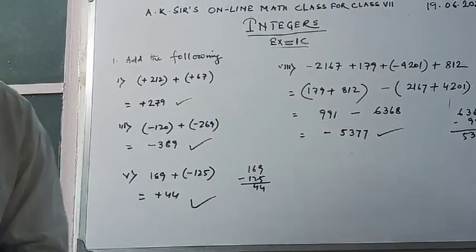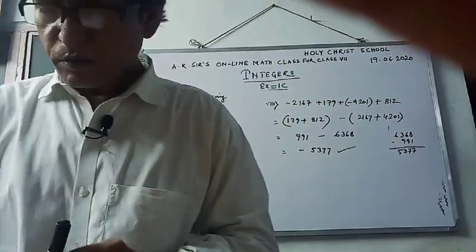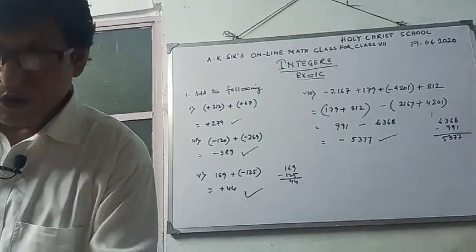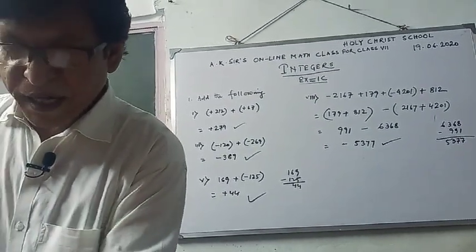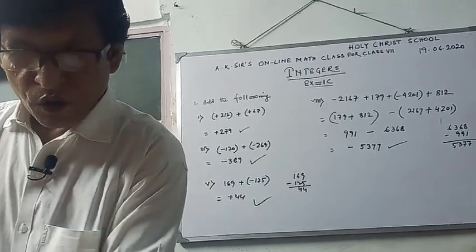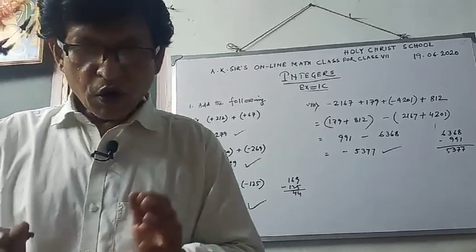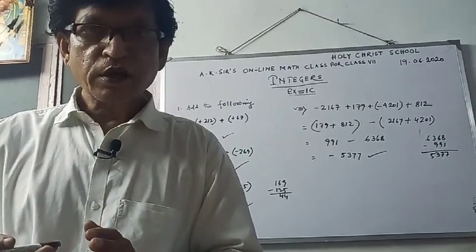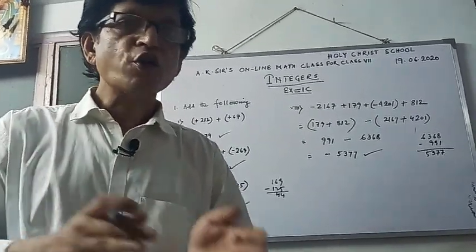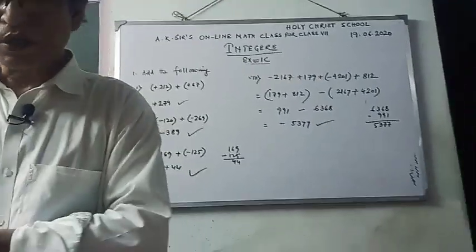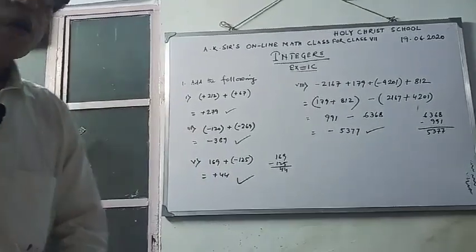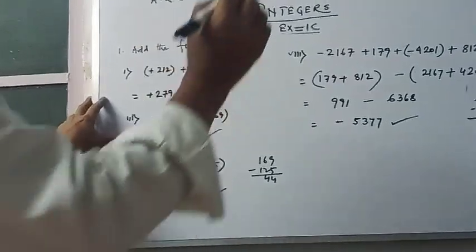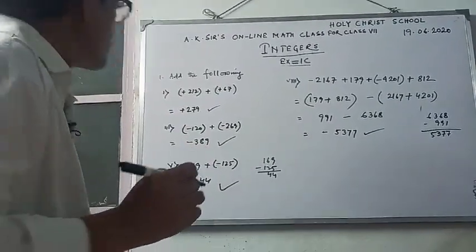In my earlier class, that means in my last class, I explained all about addition and subtraction on the number line or normal addition and subtraction. So by following those rules, I have to do here.